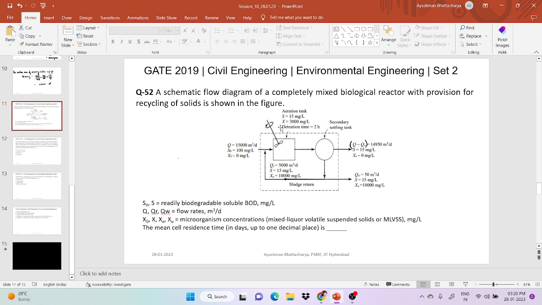They have mentioned the data. Then they are asking about the mean cell residence time.